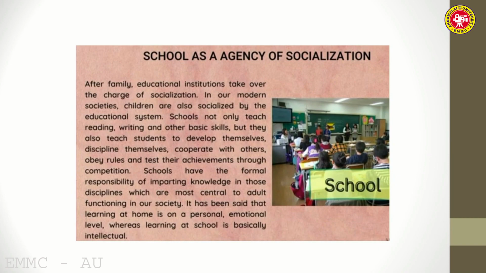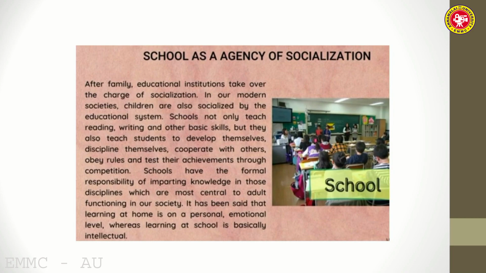The school is another agency. Schools not only teach reading, writing and other basic skills, but they also teach students to develop themselves, discipline themselves, cooperate with others, obey rules and test their achievements through competitions.